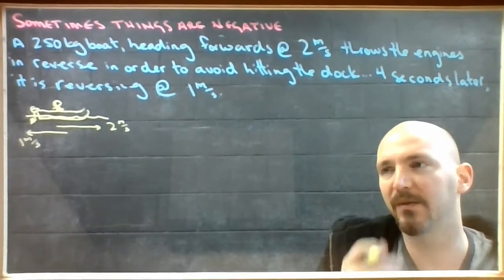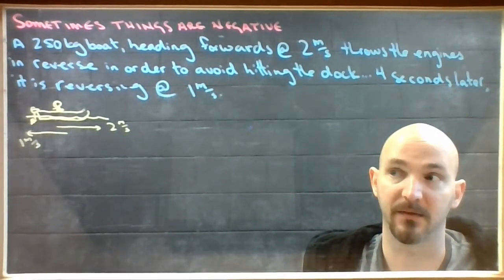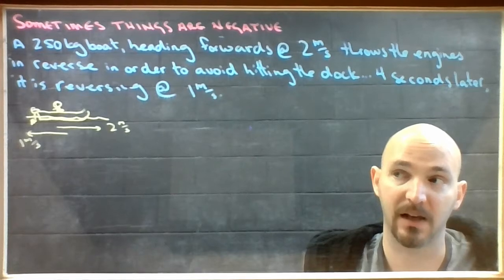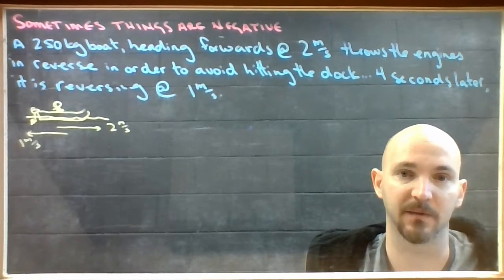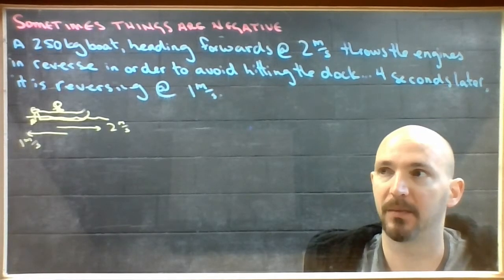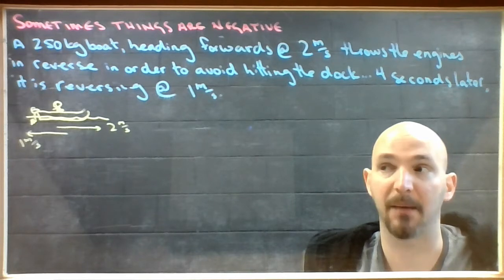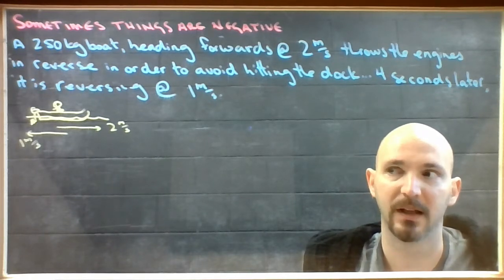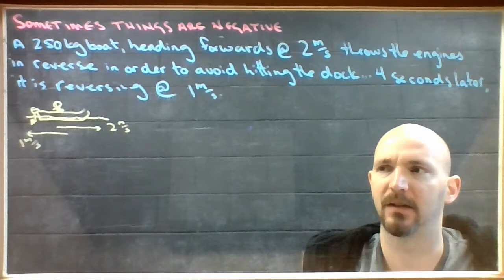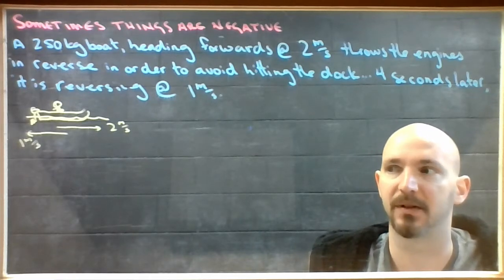So one of these numbers is going to be positive. The initial speed is positive, then the final speed is negative. It's arbitrary, but I just happen to have drawn this boat going rightward, and it's nice and consistent if you keep to the right as positive all the time.